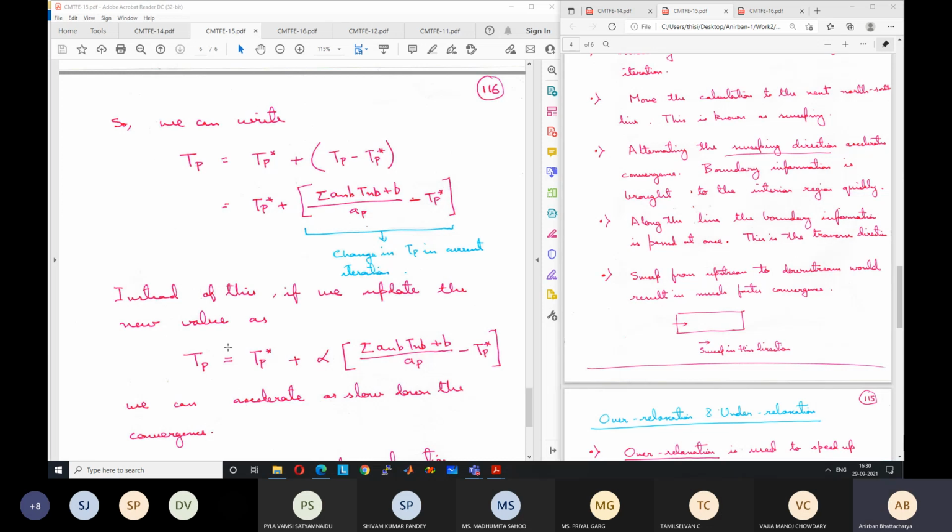Let us go with some small numbers, which are fine because these are related to temperature. So 340 is the actual correct value which we should obtain after convergence. And in the next iteration, we are obtaining a value of 400.